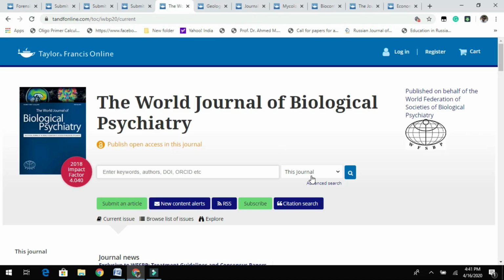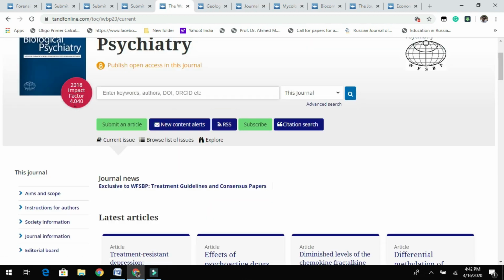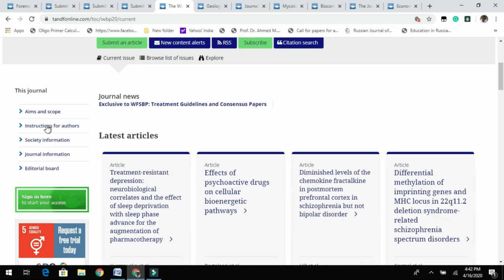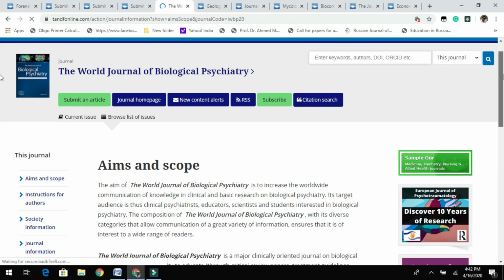So next is the World Journal of Biological Psychiatry. It has an impact factor of 4.0, and let us see what the aims and scope of this journal are.